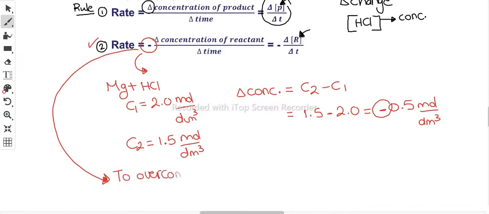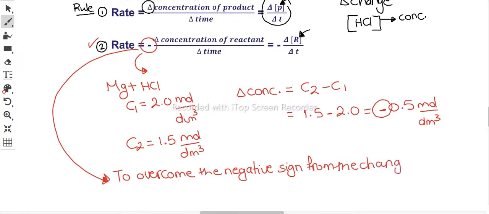So actually, this negative which is presented is to overcome the negative sign formed from the change in the concentration of reactants. Here we need to remember something very important.